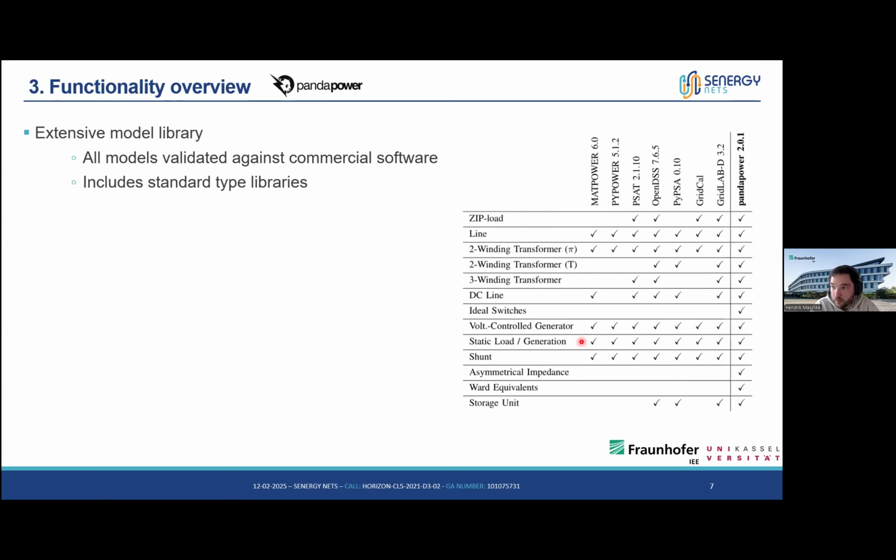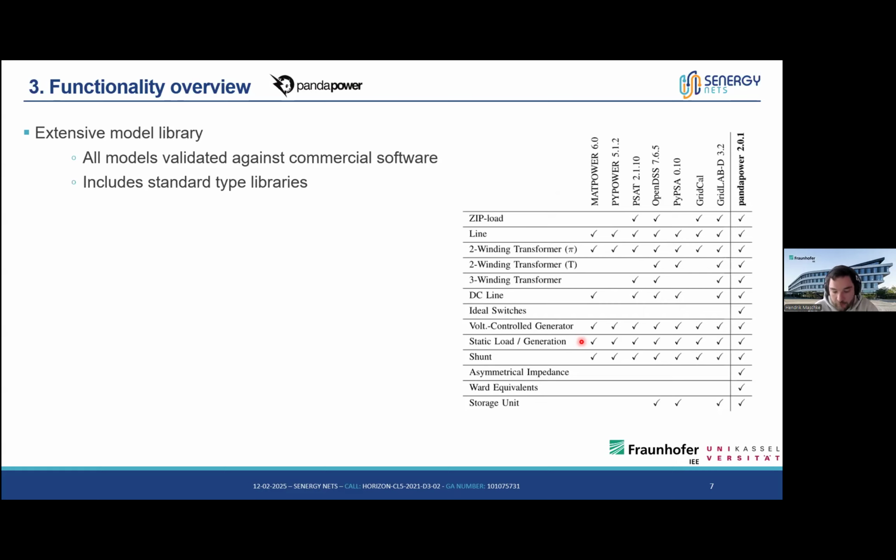Speaking of that, we'll come to the functionalities. First of all, that's also a nice advantage: we have a model library. So you don't need to know specific electrical parameters for all the electrical elements, for example, lines and transformers. You don't need to know the maximum thermal current a line can carry, or all the specific parameters for a transformer, for example, a tap changer or something like this.